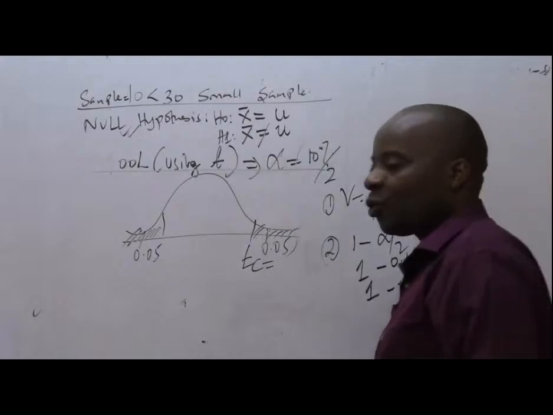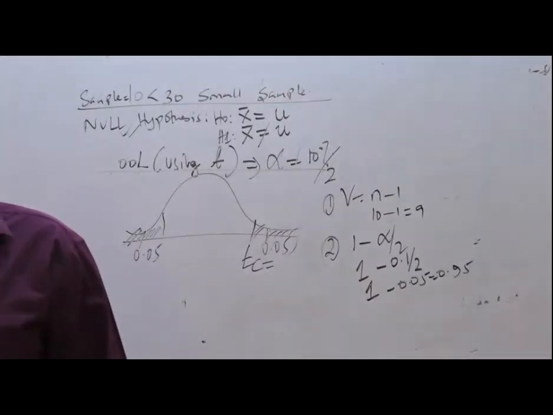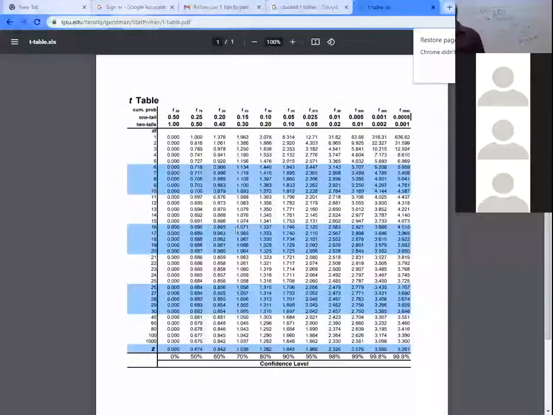So please go to your table and look for 0.95, 95% up here. How many degrees of freedom can you see here? 9, and the figure is 1.833. Great, thank you.